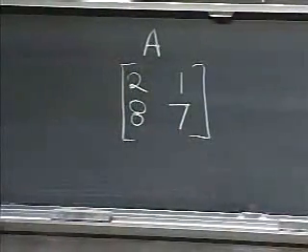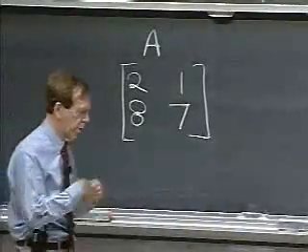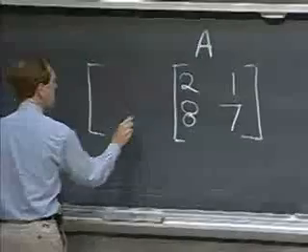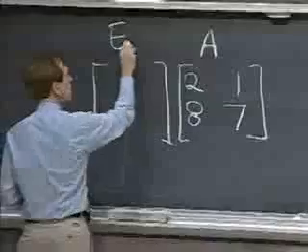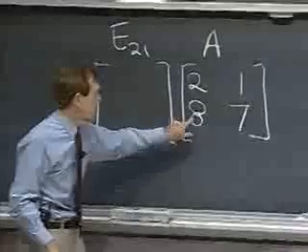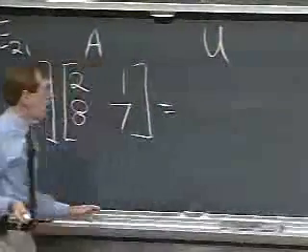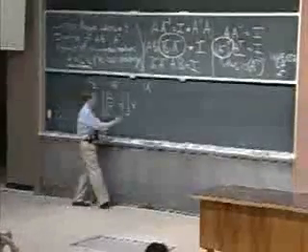Okay, now I want to operate on that with my elementary matrix. So what's the elementary matrix? Strictly speaking, it's E21 because it's the one that's going to produce a 0 in that position, and it's going to produce U in one shot because it's just a 2 by 2 matrix.